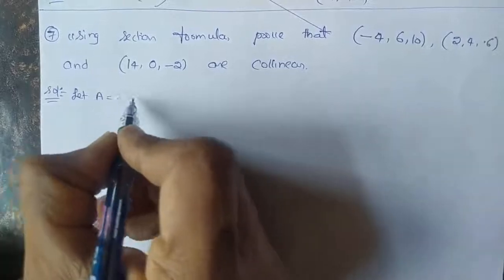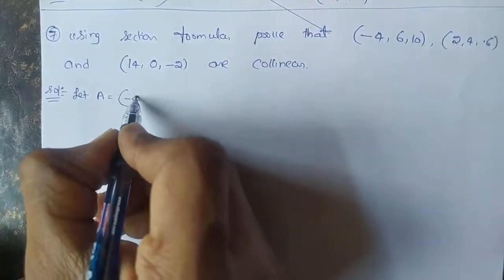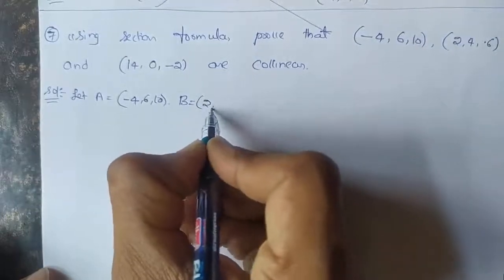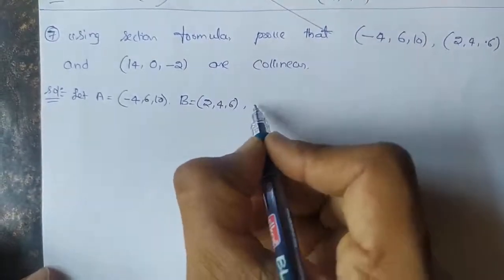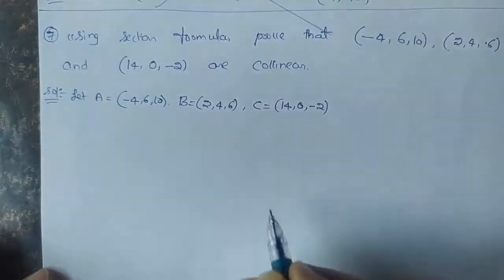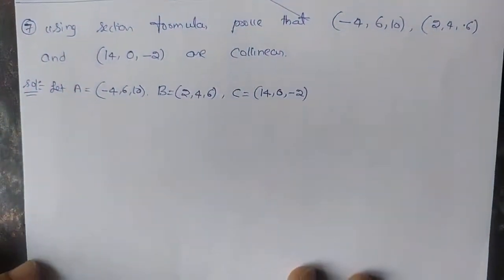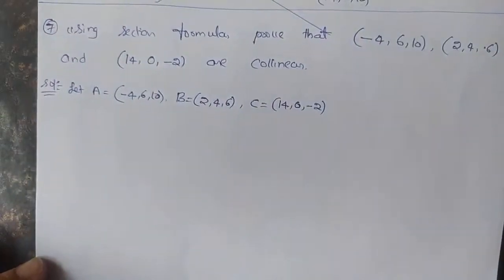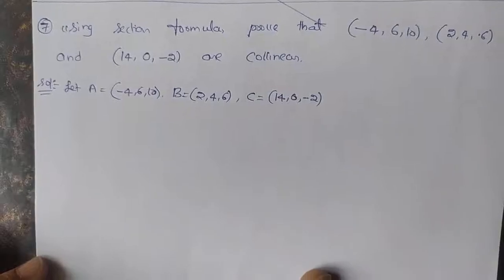Let A equal -4, 6, 10, B equal 2, 4, 6 and C equal 14, 0, -2. Apply the same procedure.